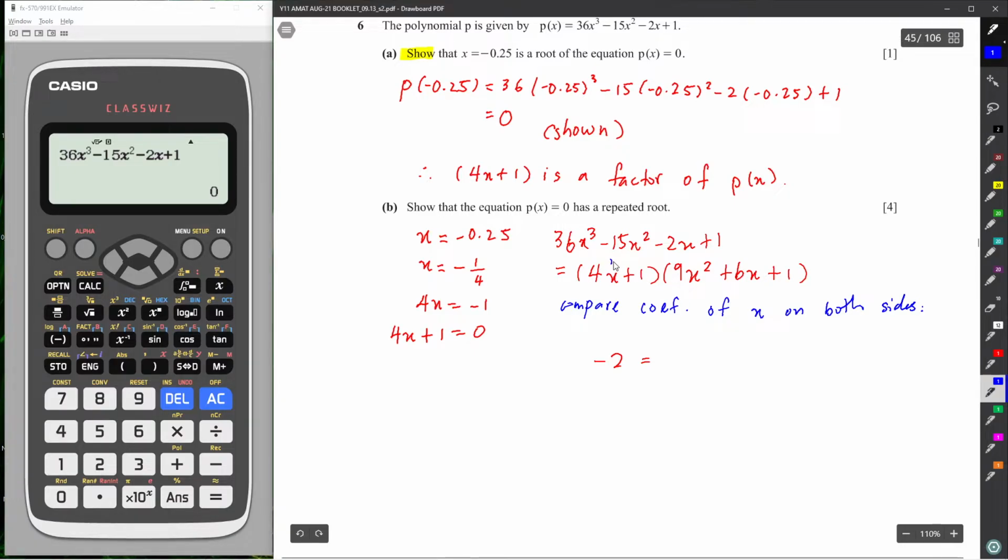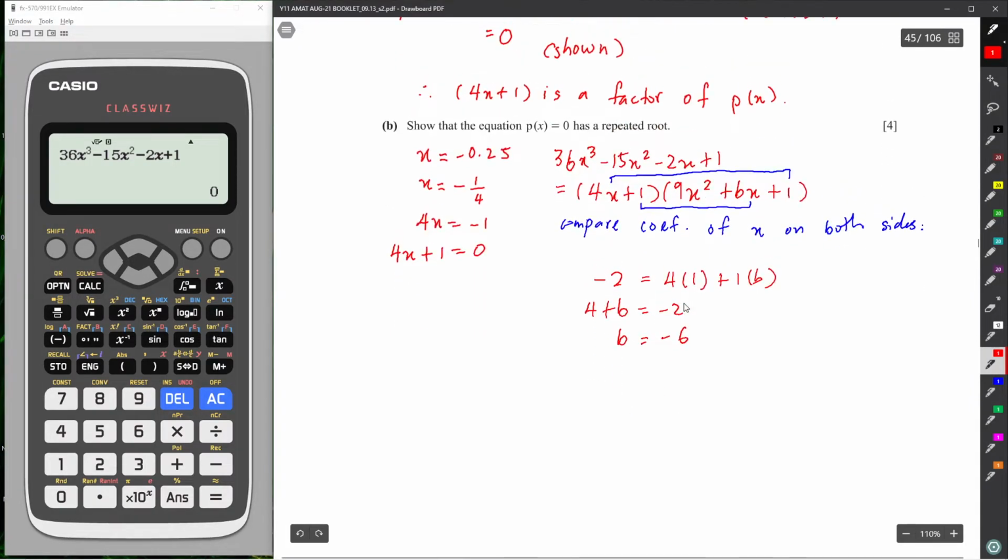So first we have 4x times 1, and the other one we have 1 times bx. So just write down the coefficient part of your x. So here I have 4 times 1 plus 1 times b. Right, so here I have 4 plus b equals negative 2, which means that my b is equal to negative 6. Okay, now I found my value for b.